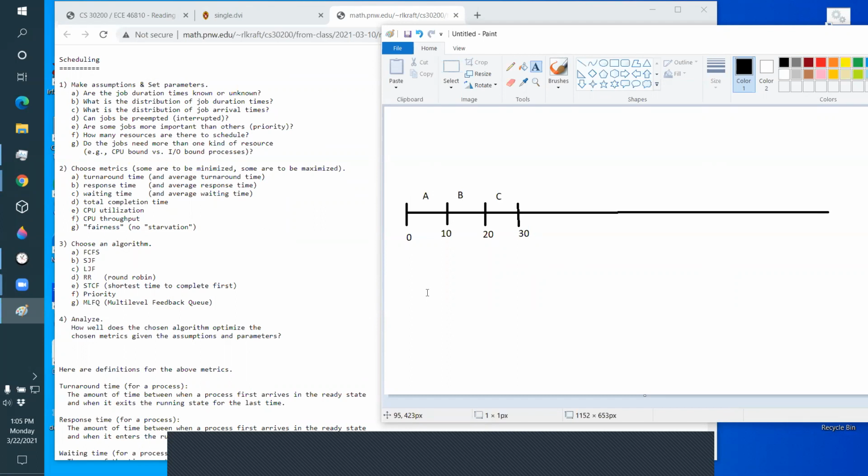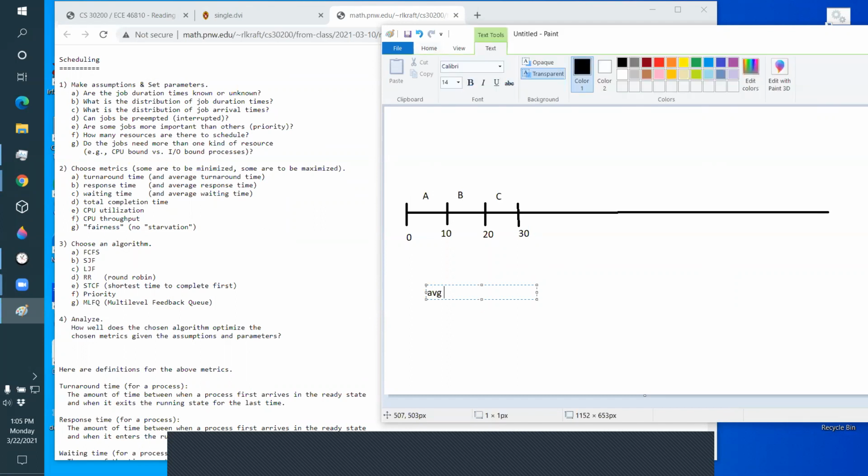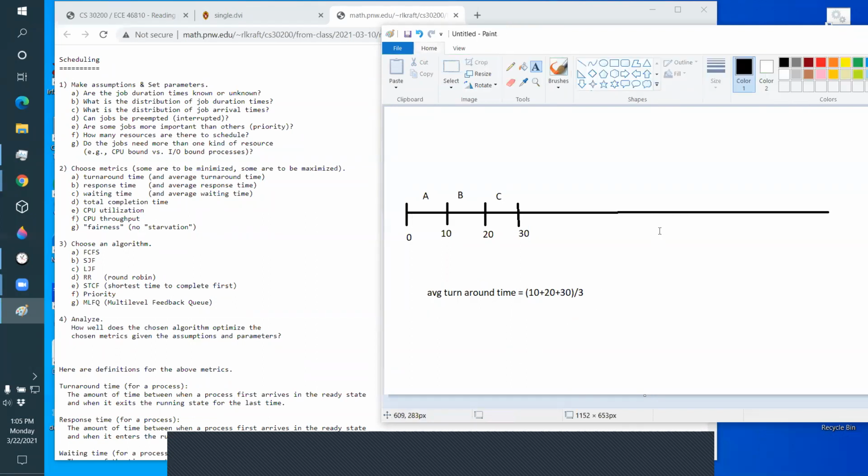That means the average turnaround time is going to be 10 plus 20 plus 30 divided by 3. You just compute the average. Each job has a turnaround time, and the average is just adding them up and dividing by 3. That's an example of a calculation.